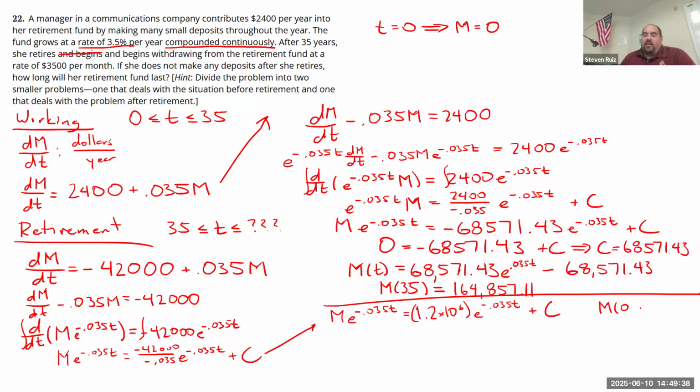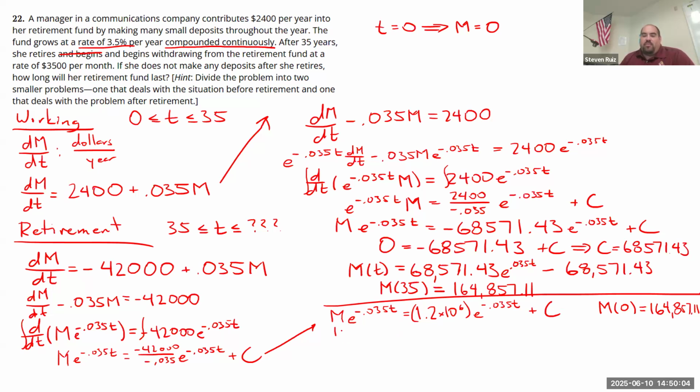So m of 0 is equal to what? My initial value for the account is going to be whatever I retired with. So m of 0 will be equal to $164,857.11. When I plug in 0 for t, e to the 0 is 1.